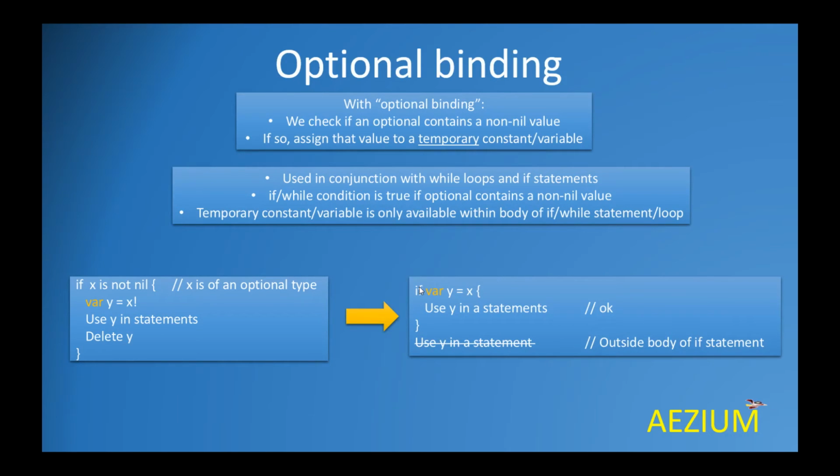Swift uses a shorthand for this, and instead of declaring the temporary variable or constant within the body of the if statement and deleting it like so, it just uses this very neat shorthand which reads as: if variable y is equal to x, use y in the statements within the body of the if statement.